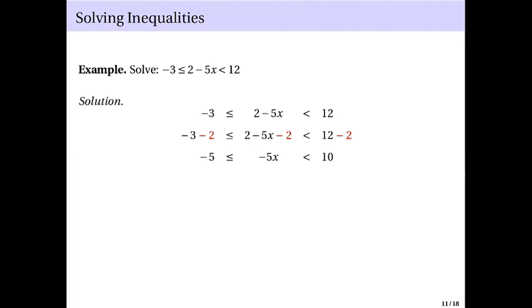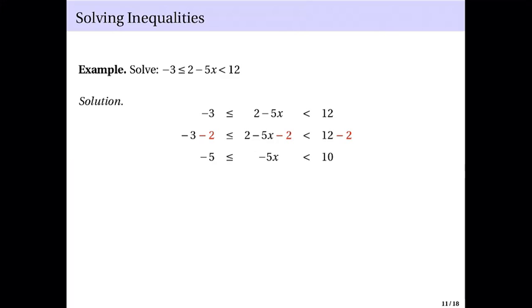Now, the coefficient of x here is -5. So we multiply again by the reciprocal of the coefficient. If we multiply by -1/5 at the middle, we do that also on this side and on this side.